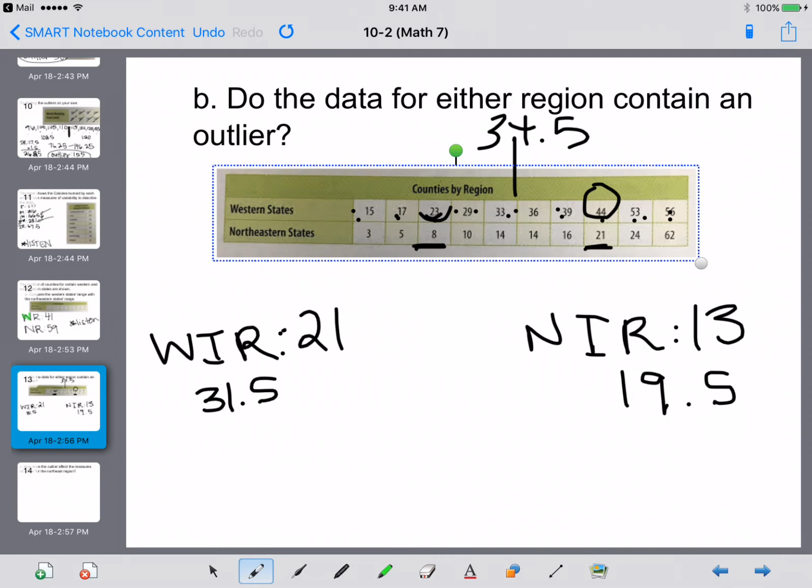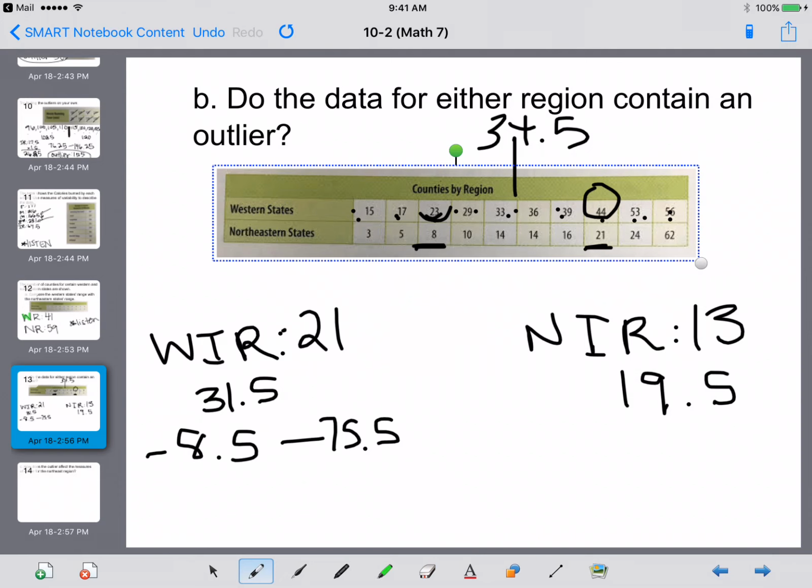Then we need to take whatever numbers we got, subtract them from our first quartile, and add them to our third. So for our western states, our first quartile is 23, and we're going to subtract 31.5. So we've got negative 8.5 going up to our third quartile, 44 plus 31.5, to get us 75.5.